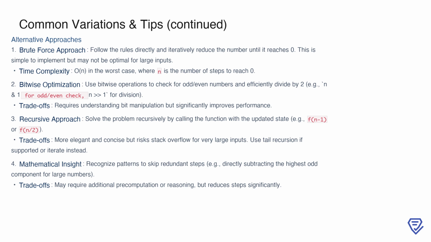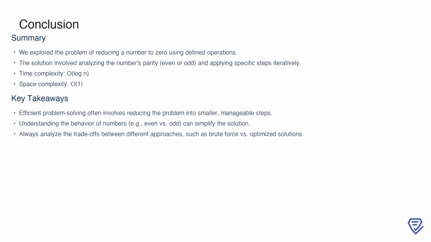This approach may require additional pre-computation or reasoning, but it can lead to significant improvements in efficiency. Each of these methods has its strengths and weaknesses, so choose the one that best fits the problem's constraints and performance requirements.